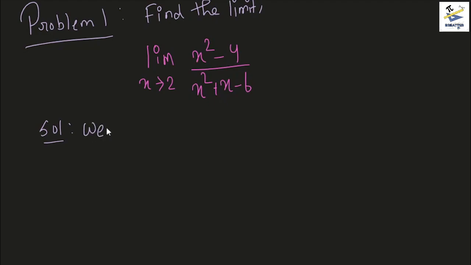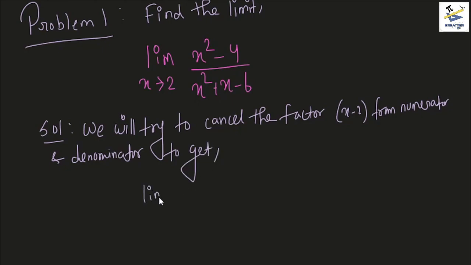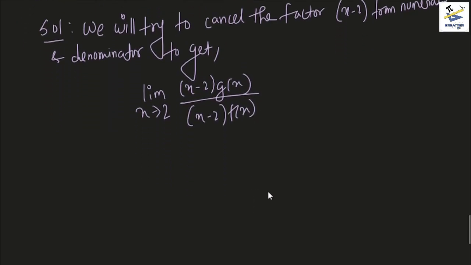So we will try to cancel the factor x minus 2 from numerator and denominator, to get something like x minus 2 into some g(x), and here x minus 2 into some f(x). But how do we get that? Let us try to factorize the things first.